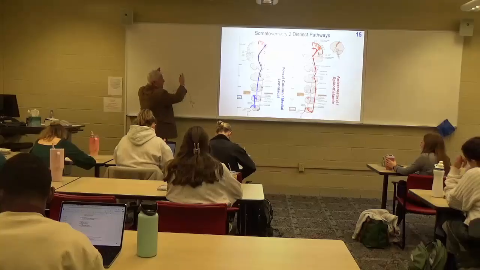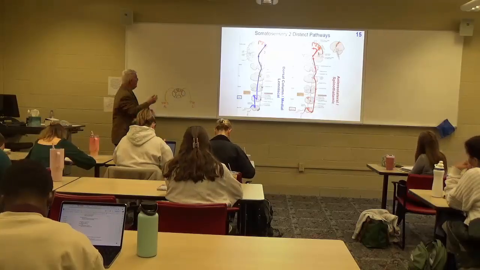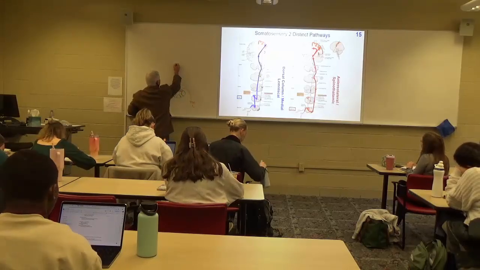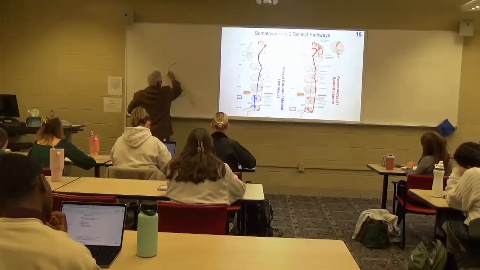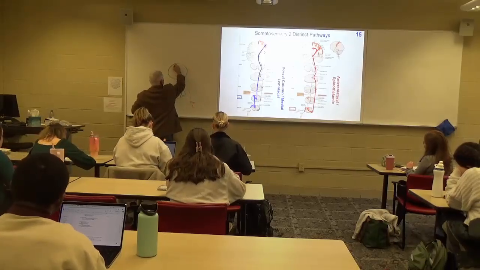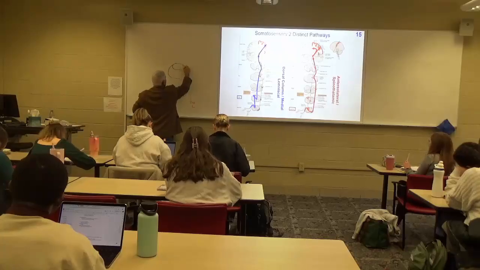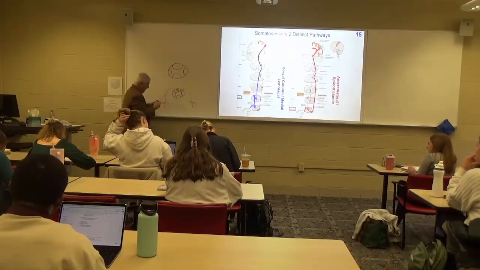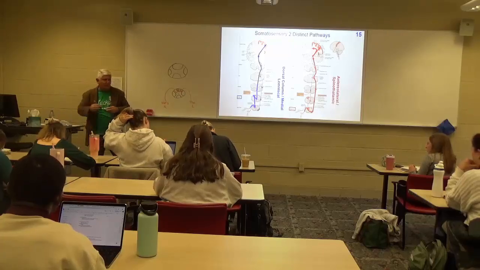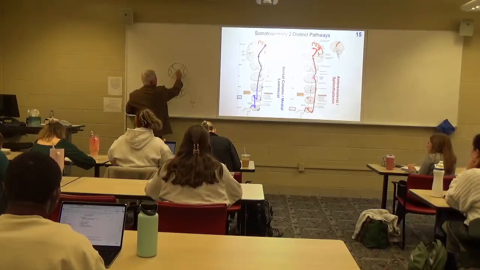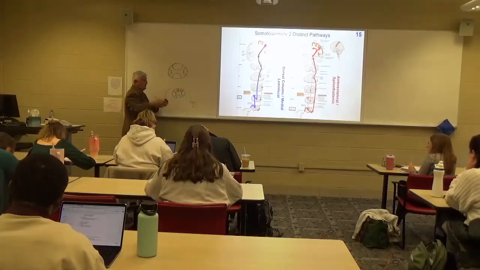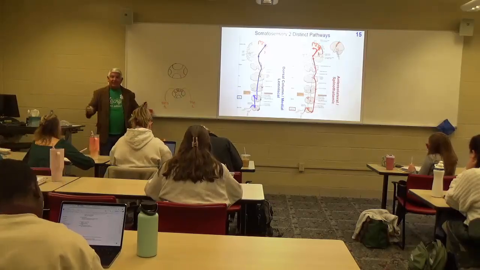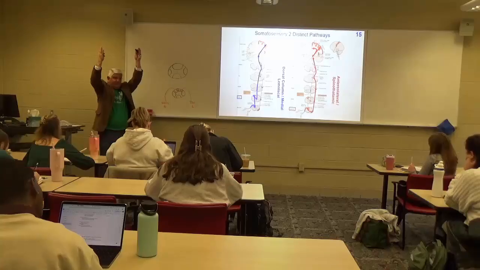As we move up the spine, so now we get to your hands, what do you notice about how I've drawn this? It's bigger, right? Because we keep adding in axons. So your spinal cord's not the same size.